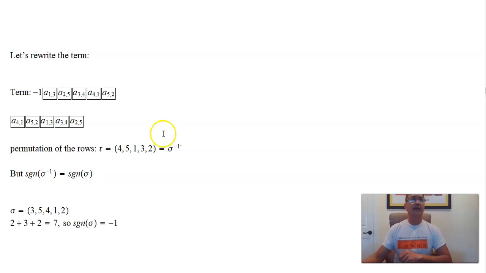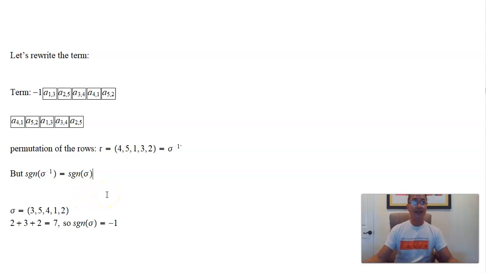So this tells us that we can rewrite the formula for the determinant of the matrix so that this time the columns are in increasing order, and then we write down the permutation for the rows this time instead of columns. Since that permutation is simply the inverse of the original permutation, we get exactly the same sign.